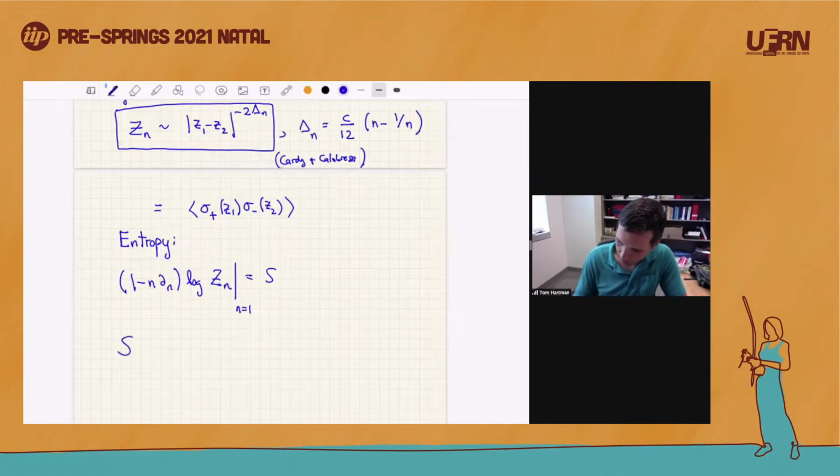You just take this formula that we have and you find the entropy S is equal to c over 3 times log of (Z1 minus Z2) over epsilon.